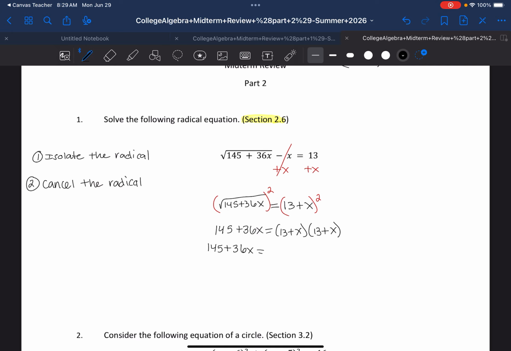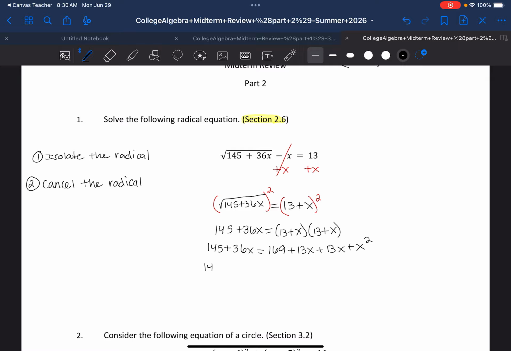Okay, so for the first, that would be 13 times 13, which will give me 169. And then outer, 13 times x, which would be 13x. Inner, x times 13, which is again 13x. And then last would be x times x, which is x squared.